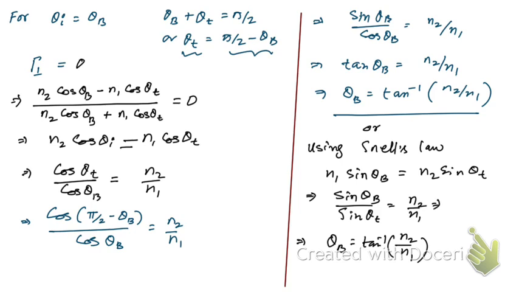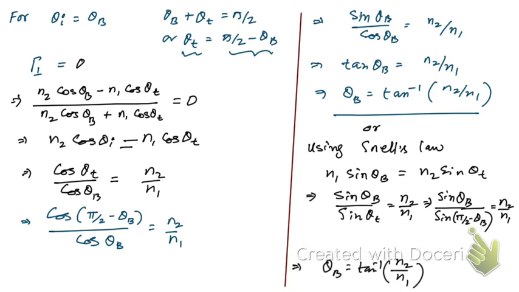So what I have done here, as I have not enough space here, that's why I have shown it like this. So sin theta b by sin of pi by 2 minus theta b is equal to n2 by n1, and let me add one more step here, that is sin theta b by cos theta b is equal to n2 by n1, which gives this.